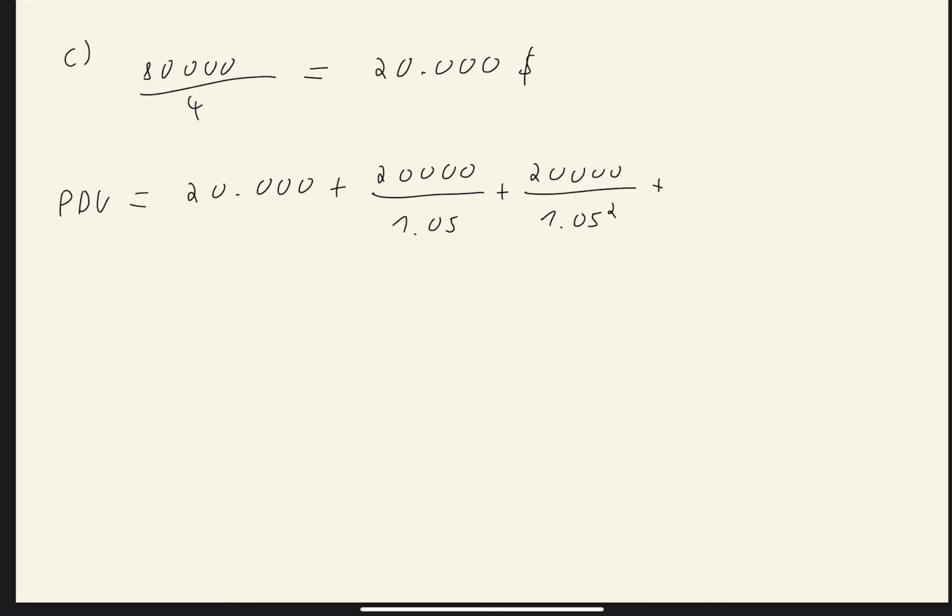And finally, for the fourth year, it's 20,000 divided by 1.05 to the power of 3. And this is roughly $74,464.